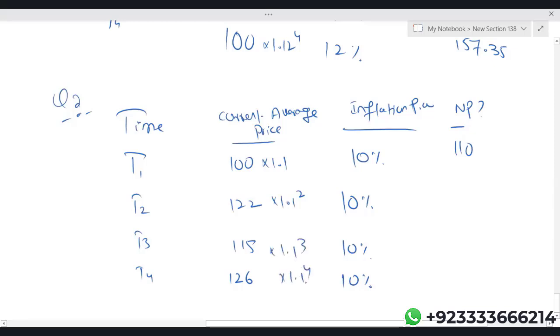There is no other way to calculate the nominal price. Shortcut is not possible because the value is different every year. So 1.1 power 2, I'm getting 147.62.